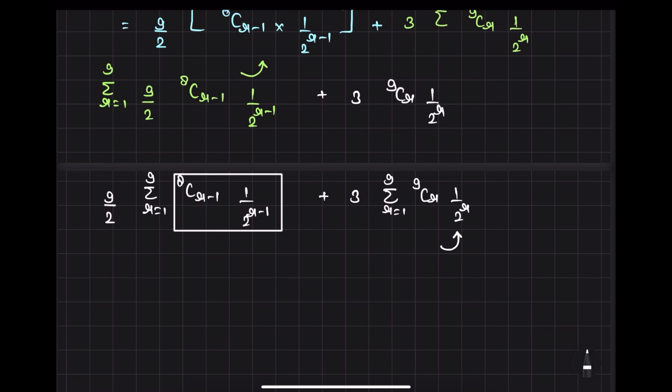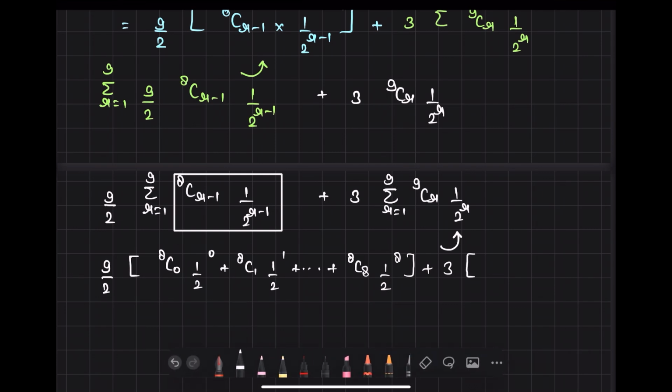Okay, so we will have 9 by 2 times everything, meaning 8c0 1 by 2 power 0, 8c1 1 by 2 power 1, dot dot dot, then 8c8, 1 by 2 power 8, okay, plus 3, and look at this.